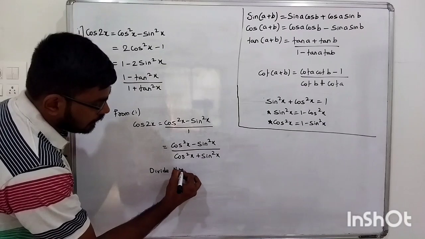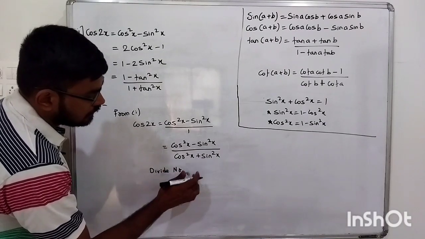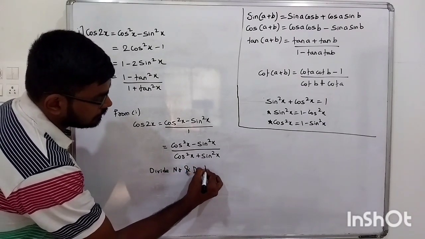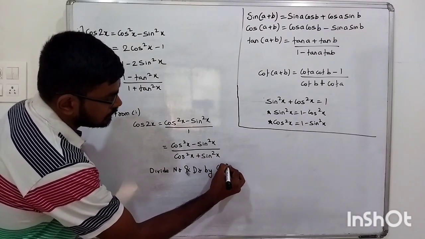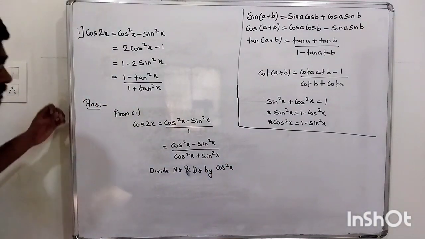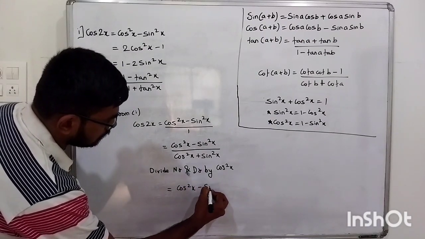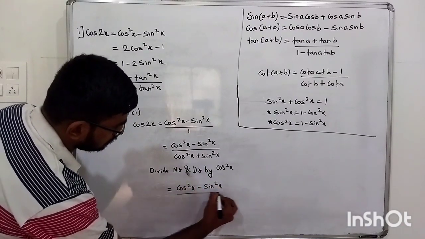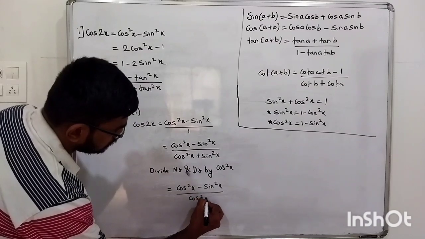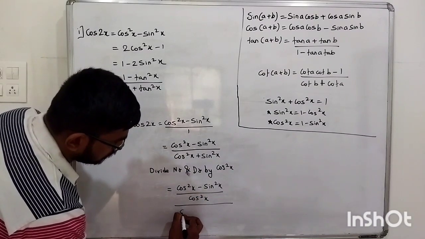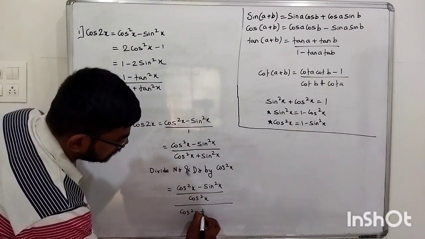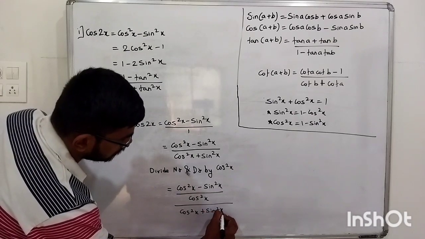Next we divide numerator and denominator by cos square x. What do we get? Cos square x minus sin square x upon cos square x, whole upon cos square x plus sin square x upon cos square x.